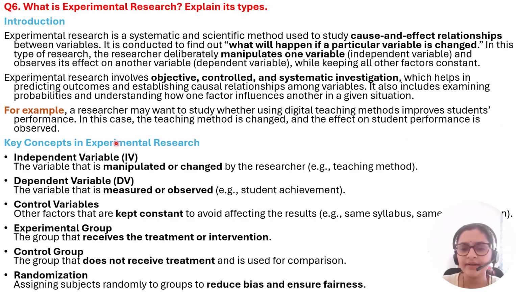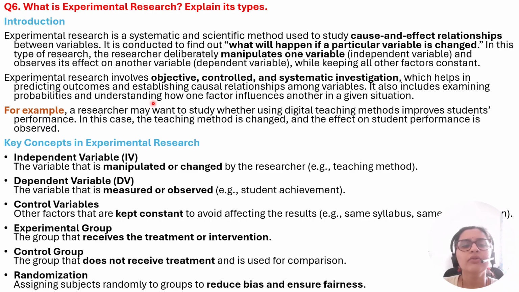So the teaching method here is the independent variable and the effect on the students' performance is the dependent variable, and all the other factors are kept constant. What are the other factors in this scenario? The number of students, the teacher, the classroom environment, all these are kept constant.